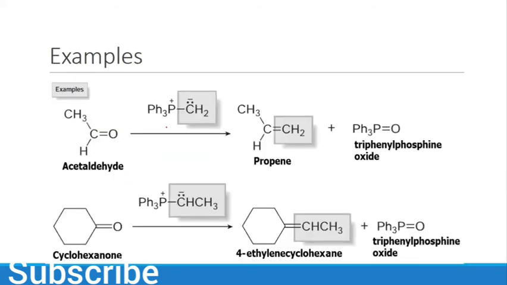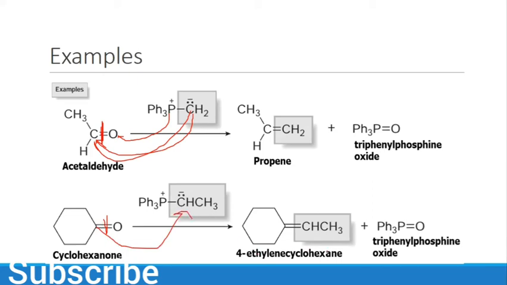So acetaldehyde reacts with the Wittig reagent, and we have propene and our byproduct. What will happen is that it will attack on oxygen and it will attack on carbon. And then we have propene and triphenylphosphine oxide, because both bonds will break, and this carbon will form a double bond with carbon. And if we have cyclohexanone, we will break this bond, and we have our 4-ethylidene cyclohexane.